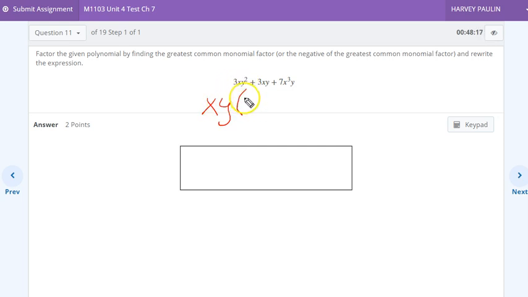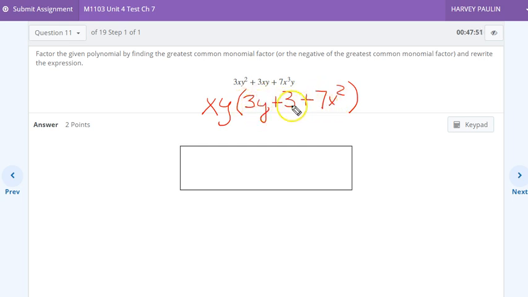Well, here we have a 3y for this one. Here we have just a plus 3. And here we have a 7x squared. Now, to check something like this, you look here in the parentheses and say, is there any more common factors?